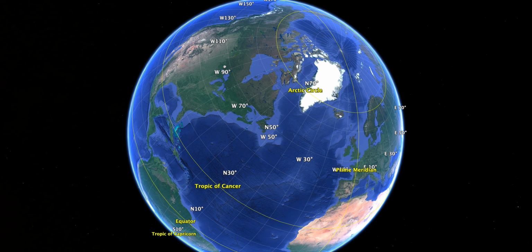So say you're here at 90 degrees west. If you divide 90 by 15, you get 6, which means you're 6 hours behind Greenwich Mean Time.